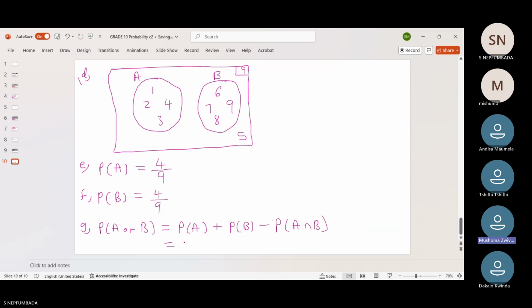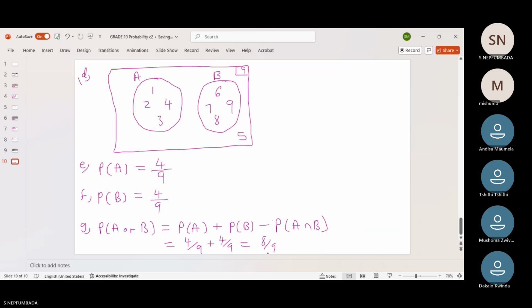Because there's no intersection. If there's no intersection, we call that mutually exclusive. Then when you press your calculator, you get 8 over 9.